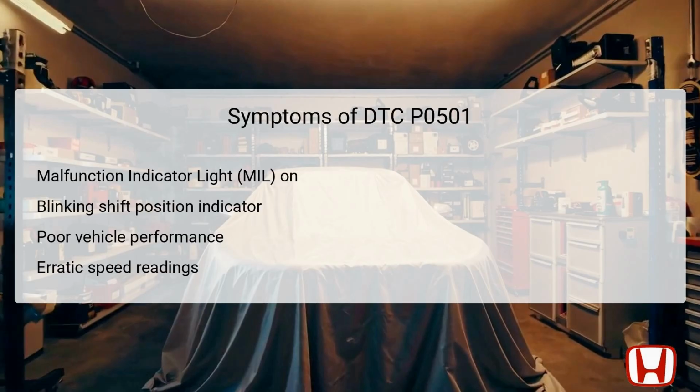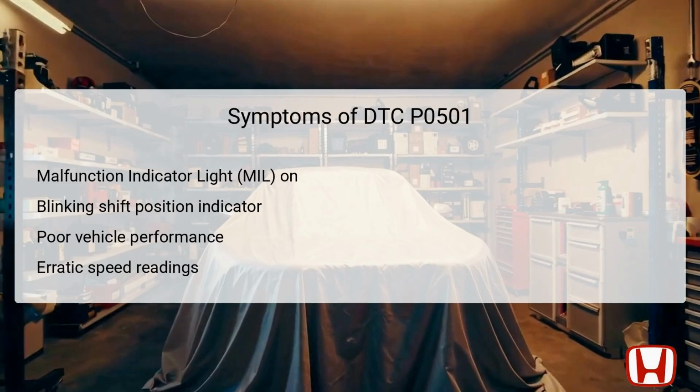The symptoms of DTC P0501 can be quite noticeable and may severely affect your vehicle's operation. One of the primary indicators is the illumination of the malfunction indicator light, MIL, alerting the driver to a potential issue in the drivetrain. Additionally, the shift position indicator may blink, a visual cue indicating that the TCM is experiencing difficulty communicating with the CVT speed sensor.